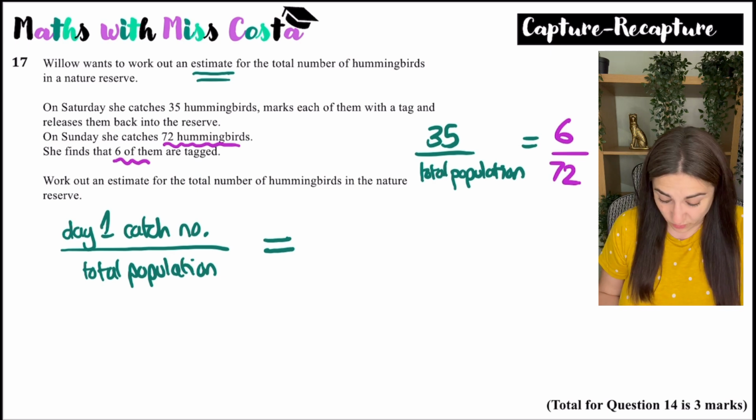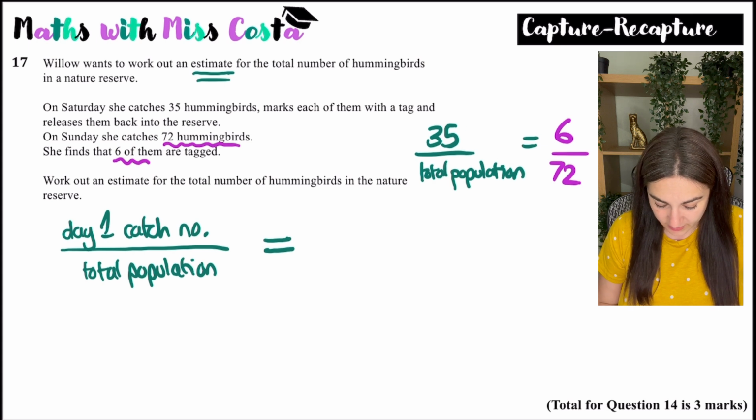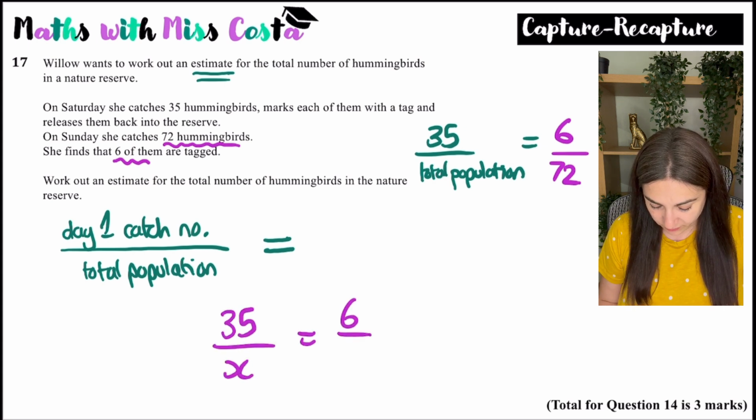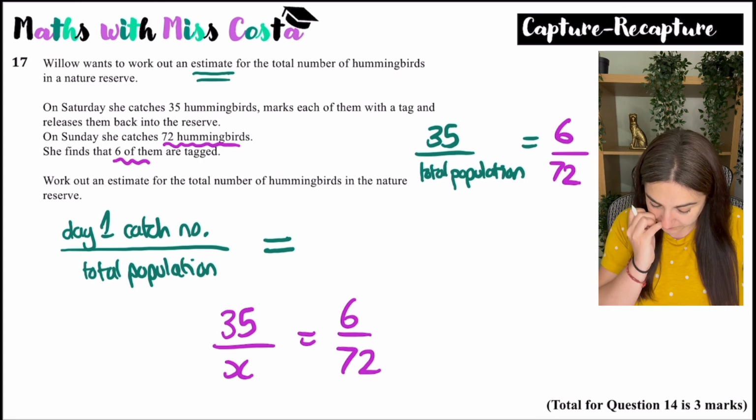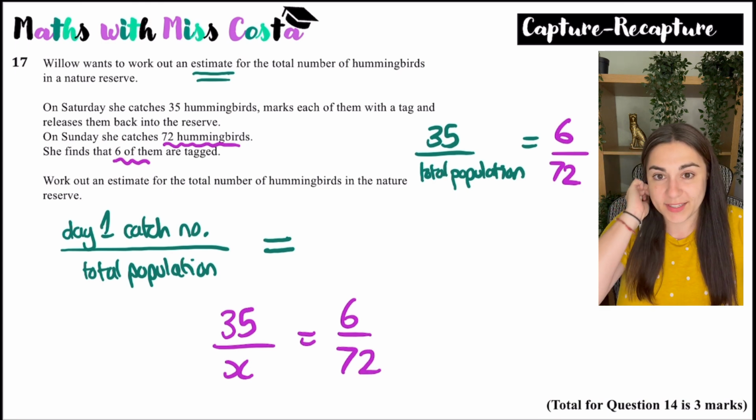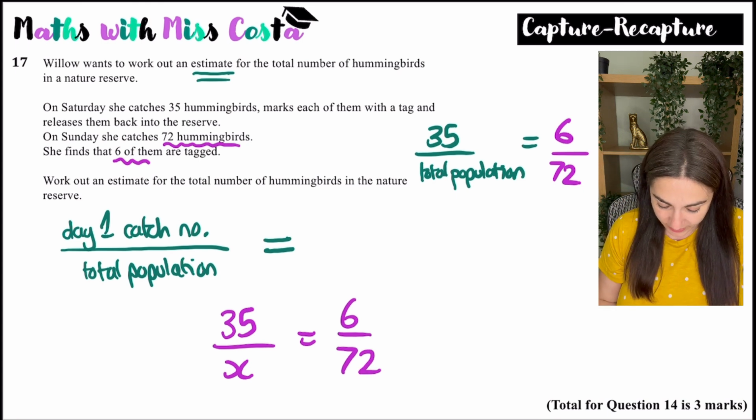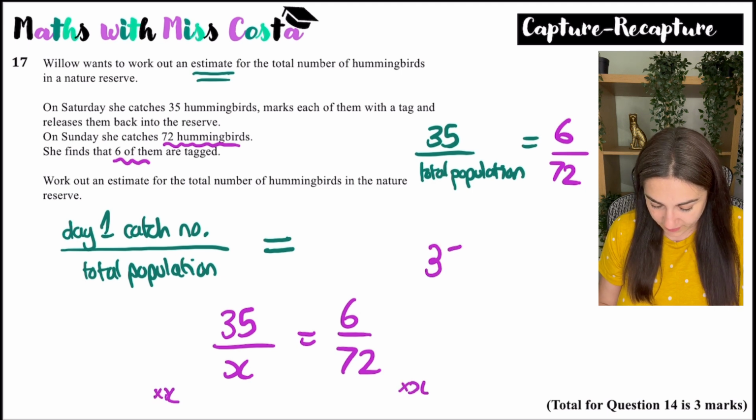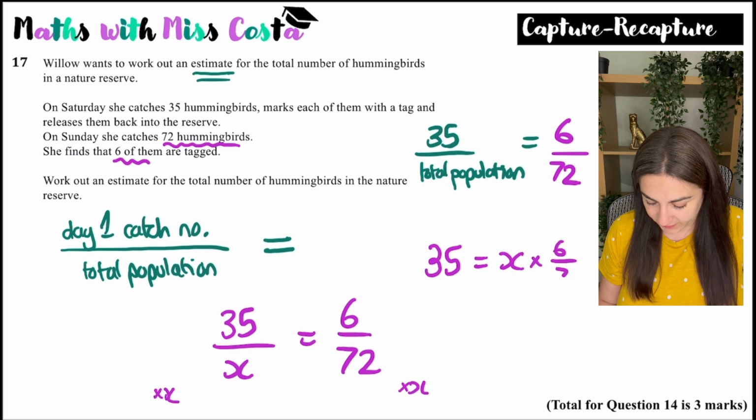In order to work out the total population, we can just call that X and then rearrange everything. If you were just solving this like an equation, what would you do? You times both sides by X. So 35 would be equal to X times 6 over 72.